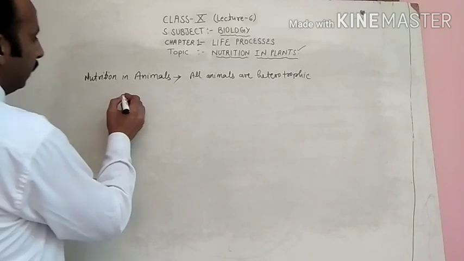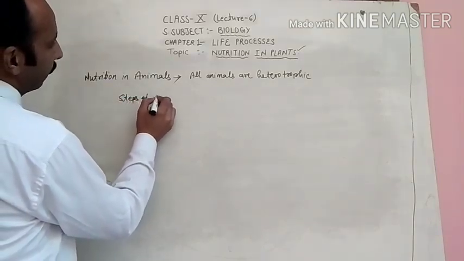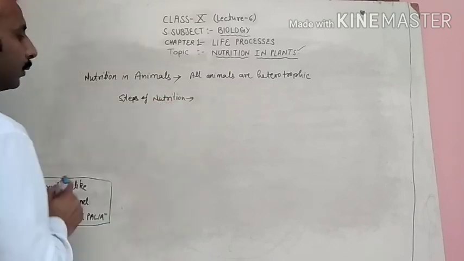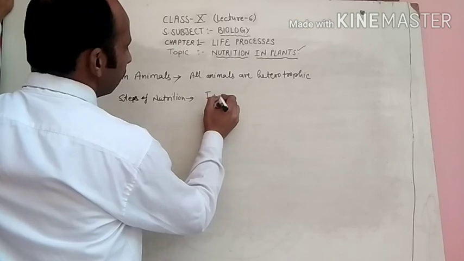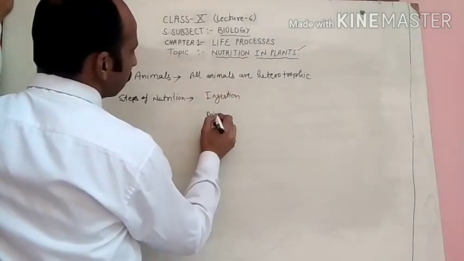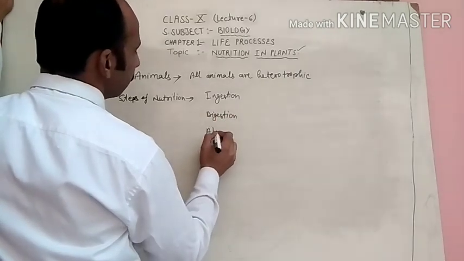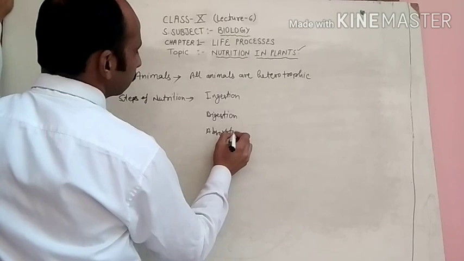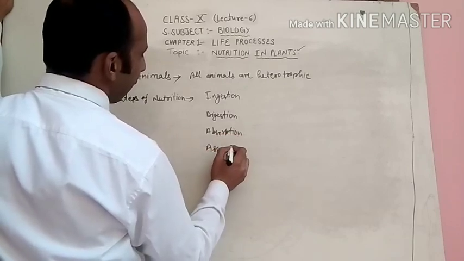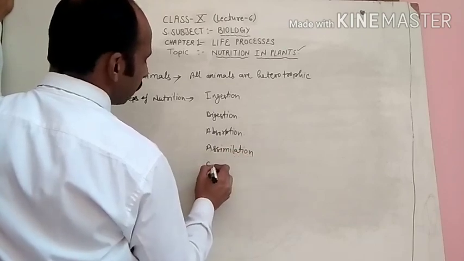So today I will tell you a very small topic, that is the steps of nutrition. The first one is ingestion, second one is digestion, third one is absorption, fourth one is assimilation, and fifth one is egestion.